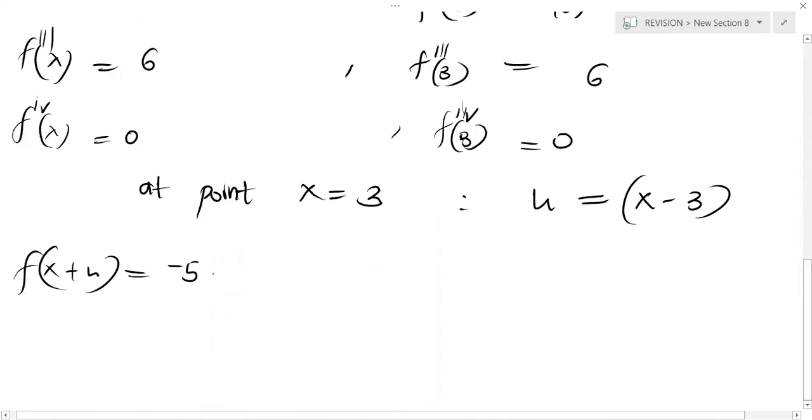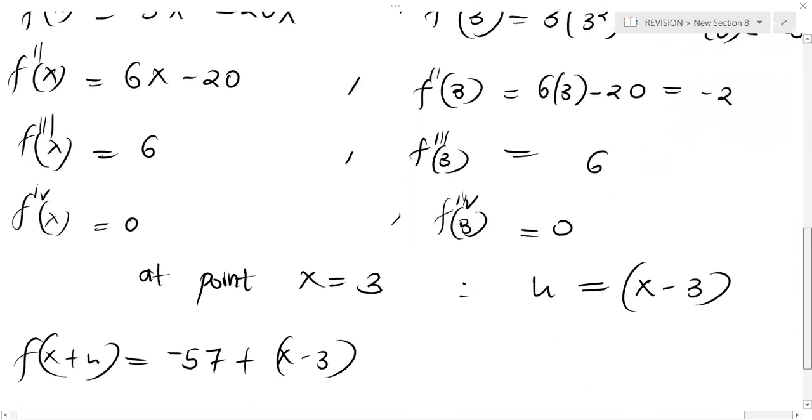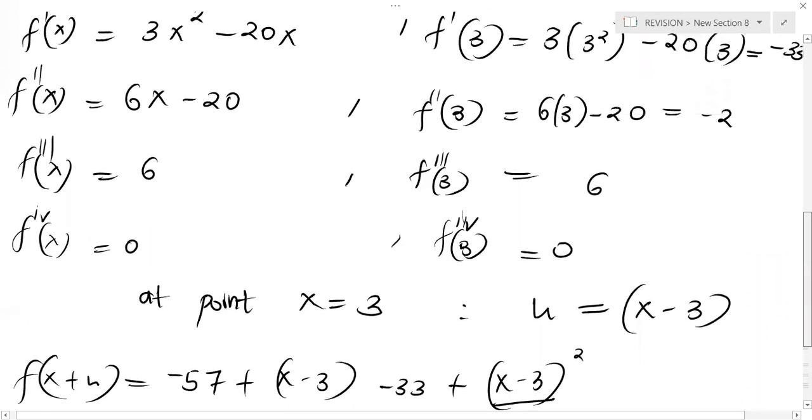So minus 57 plus h, and our h is x minus 3, times f prime of x, and our f prime of x we found to be minus 33, plus x minus 3 squared, all this divided by 2 factorial, that is our h squared, and then multiplied by f second prime.